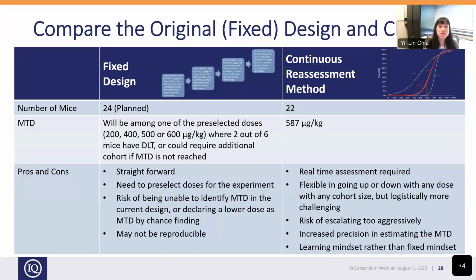And as previously addressed, using the fixed design, the MTD will be among one of the pre-selected dose levels, and when we observe 2 out of 6 mice with dose-limiting toxicity, or the design could require an additional protocol amendment if MTD is not reached.